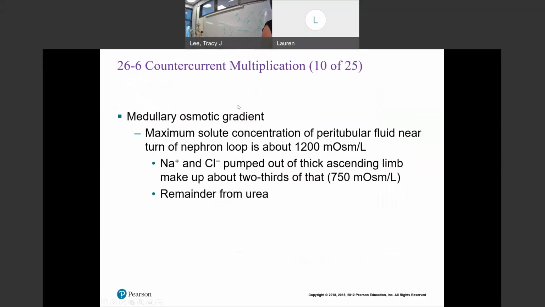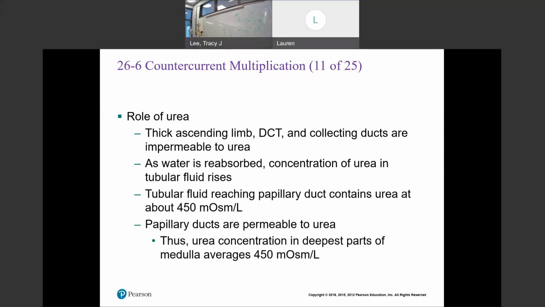Our medullary osmotic gradient. Basically, the ascending loop is creating that high concentration. This side's creating this high concentration of solutes, and we lose water on this side. That's basically what this is telling you right here.